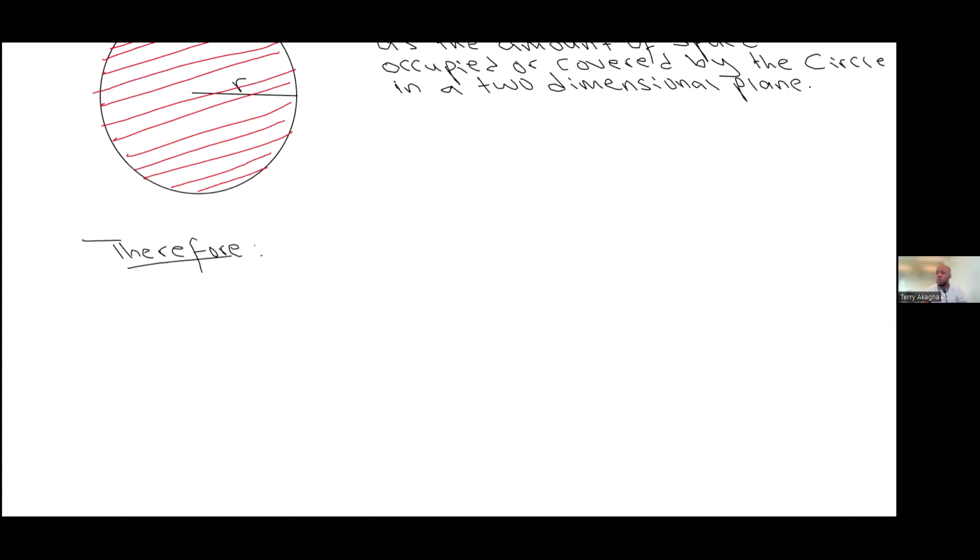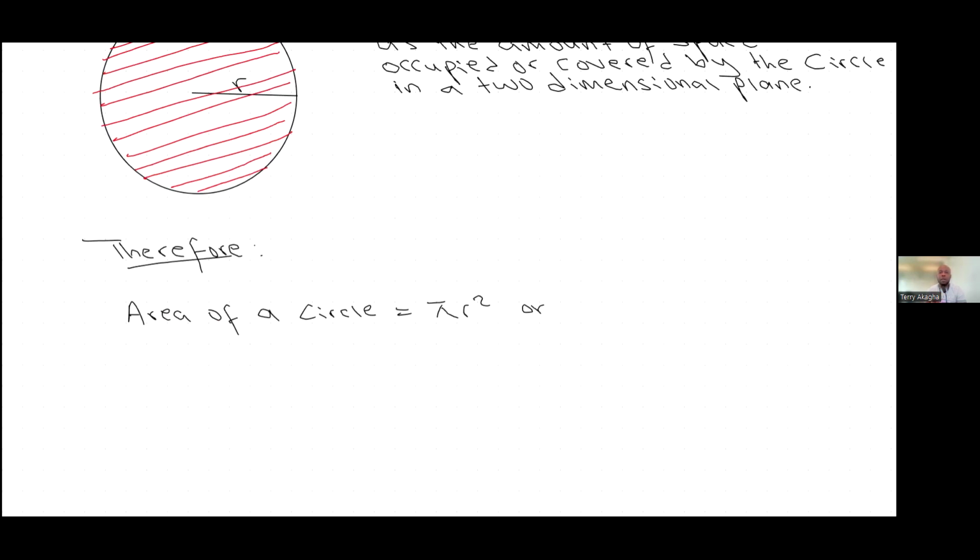So the area of a circle will be equal to what? Pi r squared. Now, if you're given a diameter, because we know a diameter is equal to 2 of the radii, that makes sense?